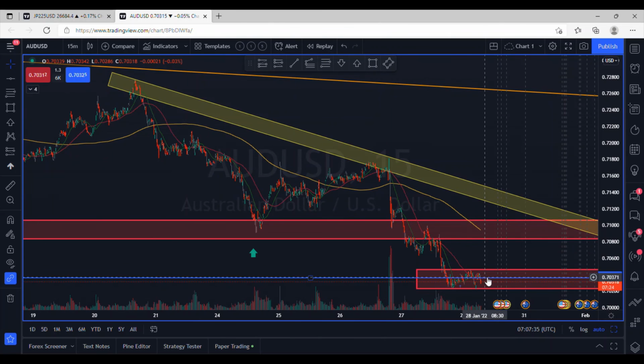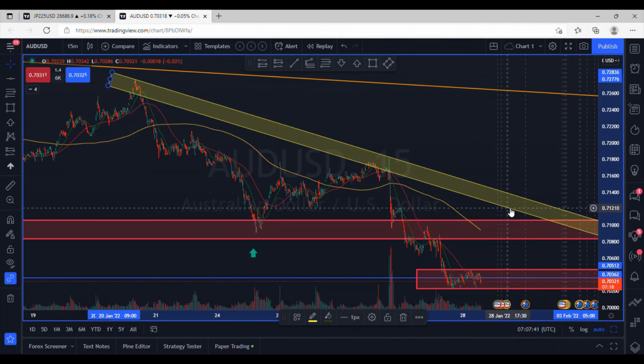If it breaks up to here and breaks through, it's going to get stuck right there again. And we know it's going to get stuck there because you've got consolidation, and trend lines coming down where it's hit the first trend line and stopped, and it's hit the second trend line.